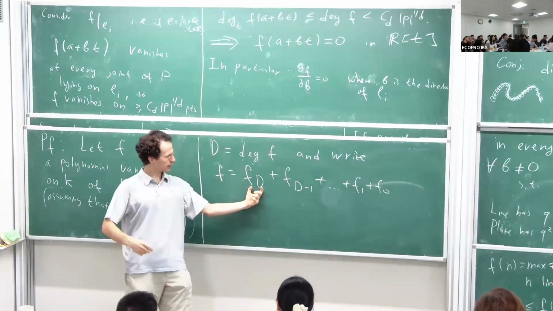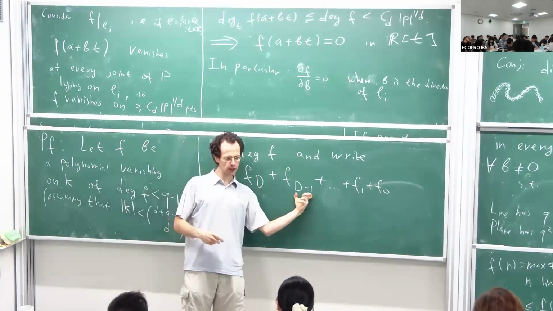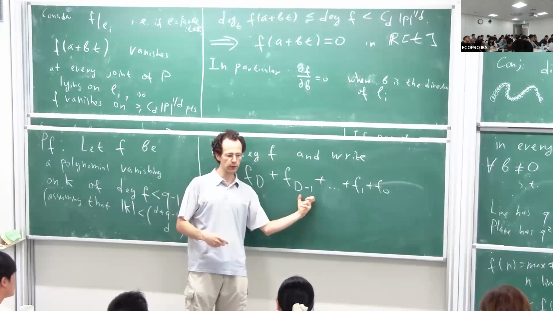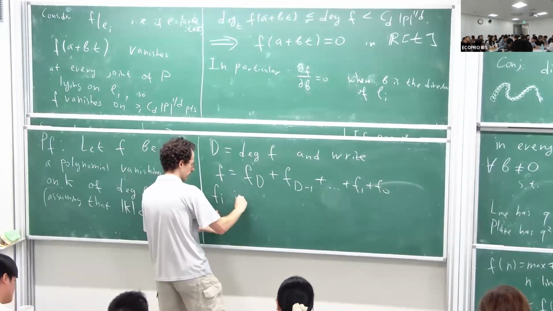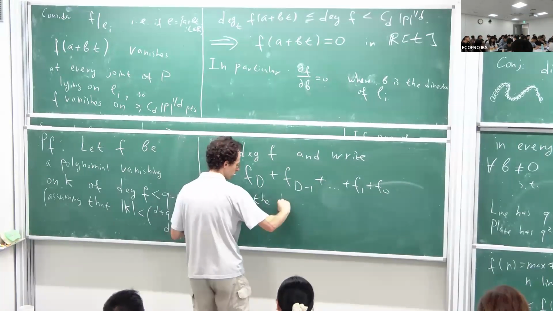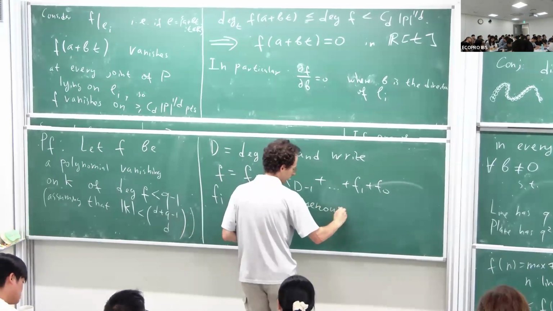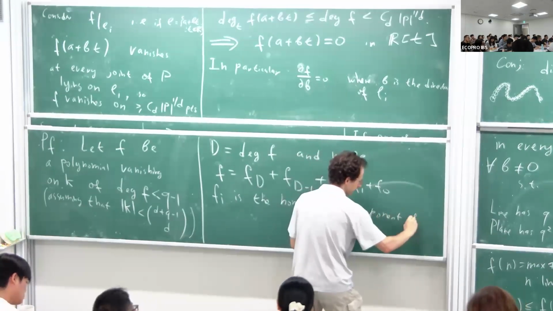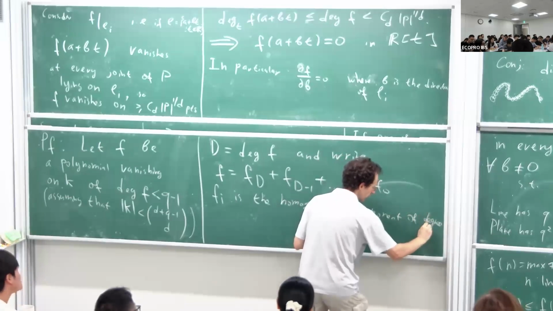This term collects all the monomials of degree capital D, this term all the terms of degree D minus 1, and so forth. So f_i is the homogeneous component of degree i.